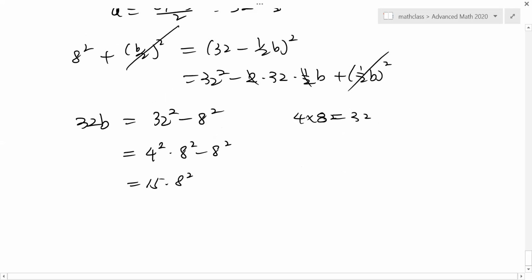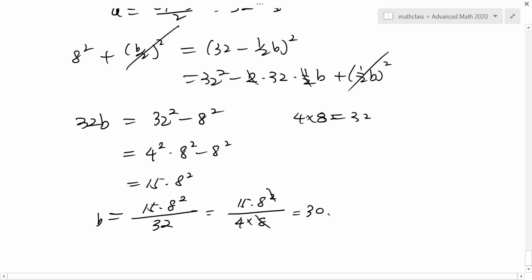So B is going to be 15 times 8 squared over 32. And now I can simplify a little bit. It's 15, 8 squared, 4 times 8. Then I divide by half. 8 divided by 4 is 2, so it's 30. So 30 is going to be the base.